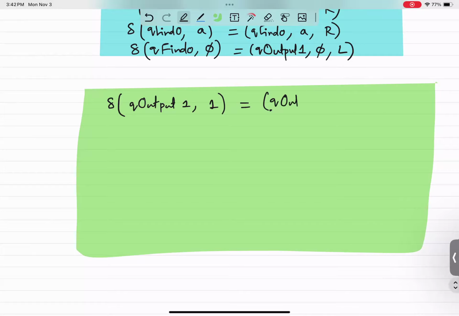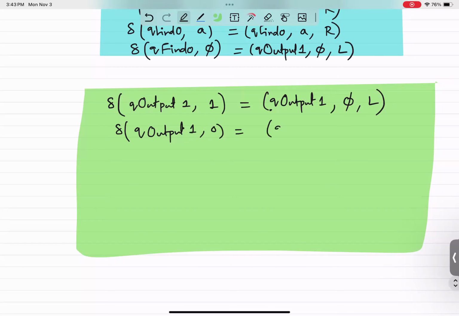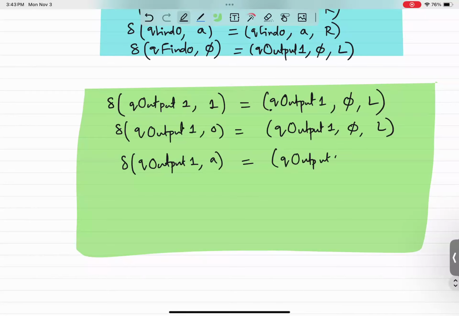So I'm going to say output 1, overwrite it with the empty symbol, go to the left. Q output 1 and a 0, same thing, just eat it up, go to the left. If I see the empty symbol, the marked symbol, eat it up, go to the left.